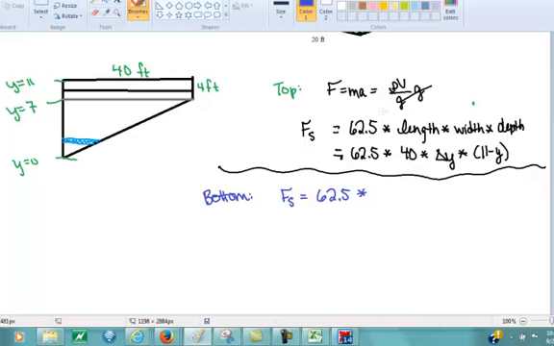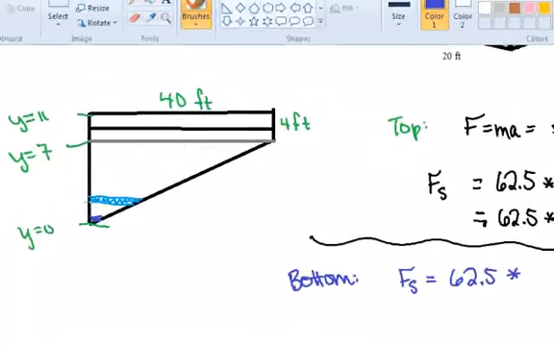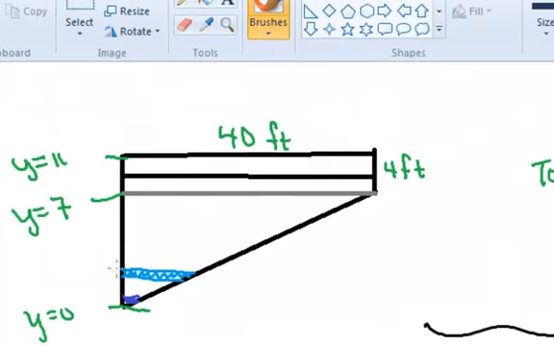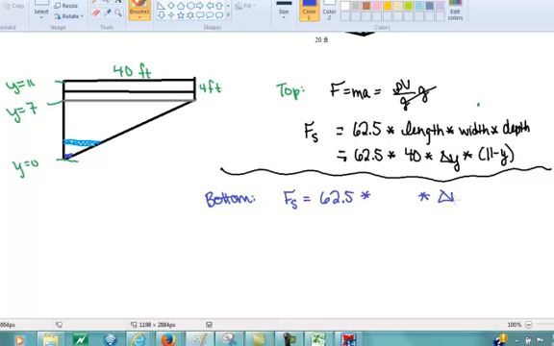But now the lengths aren't always 40, right? The lengths are changing. At the bottom, it's really narrow, and as it moves up, it gets longer. So we'll leave some space for that. The width would still just be delta y. And the depth would still be 11 minus y, surface minus y. So now we have to get a formula for length.